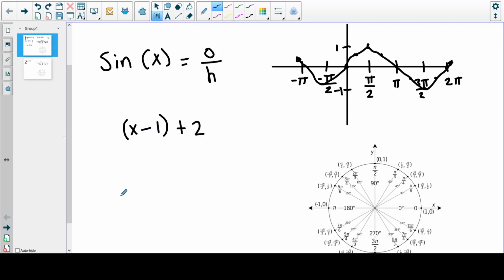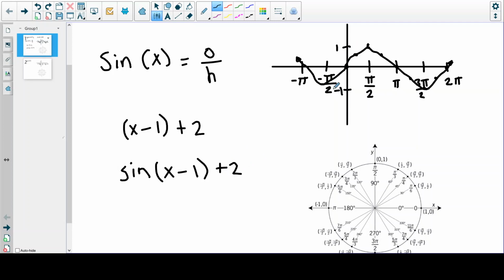That's very similar to sine. So if we have sine of x minus 1 plus 2, it's a little different, but it's almost the same.